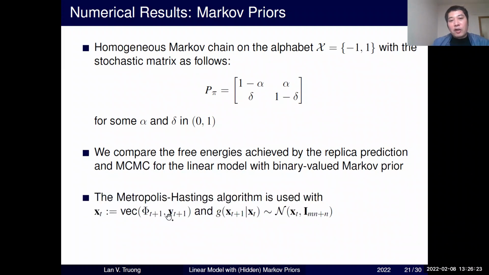To construct a Markov chain in the MCMC method, we need to define the state and the transition probability function.